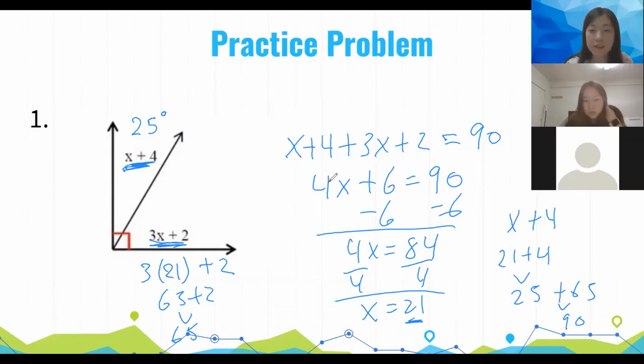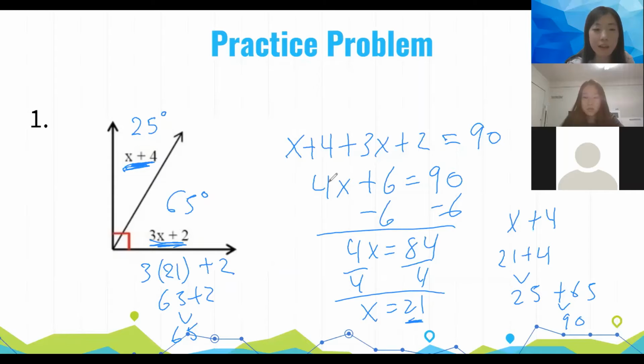Can I erase this? Can you repeat the last part because you're breaking up? Sorry. So you get 65 for this, 65 degrees, and if you add them together, 25 plus 65, you get 90.